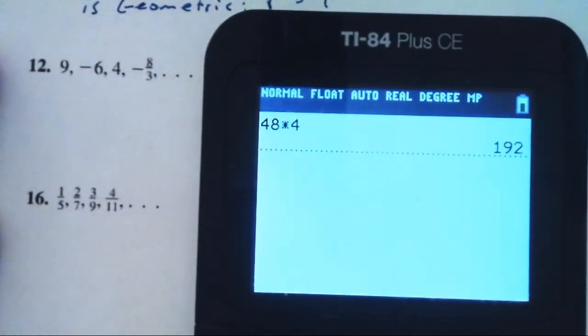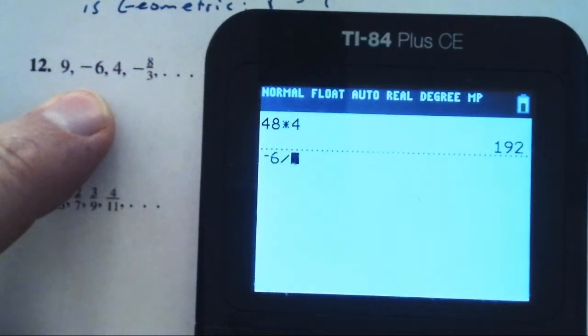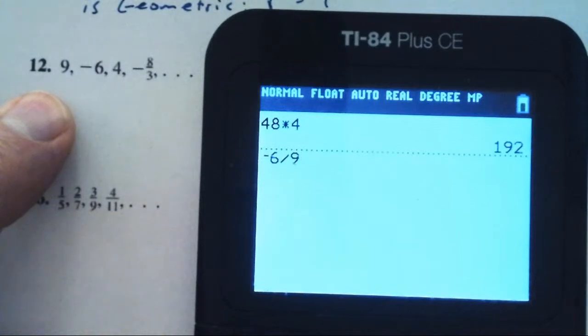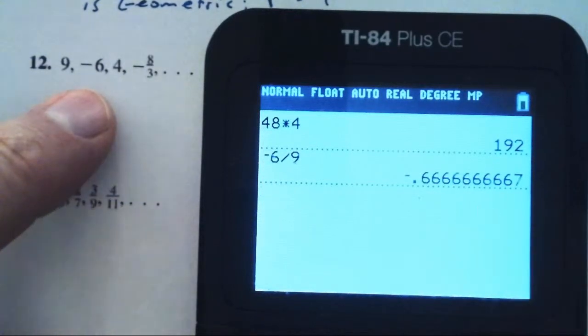Number 12, to find the proposed ratio, we would take the second term, -6, and divide that by 9. And that looks like a fraction that we'd be used to working with, -2/3. Let's see.